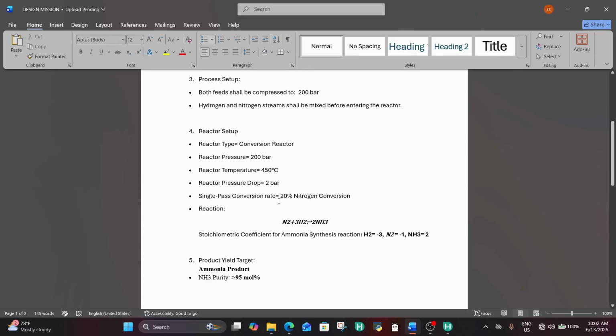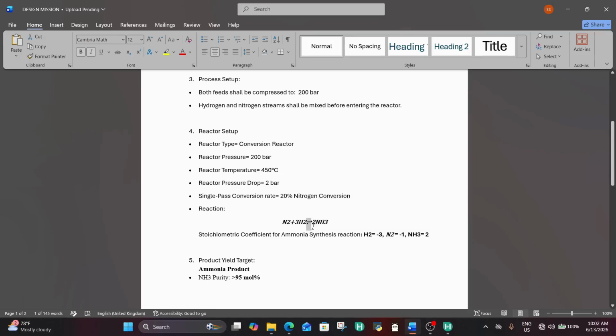The reason for this is that, prior to what we might have experienced in previous simulations where we have conversion rates of 80%, 90% in our reactor, for the Haber-Bosch process it's slightly different. The ammonia synthesis conversion rate is slightly lower. You can see this double-sided arrow, two arrows rather.